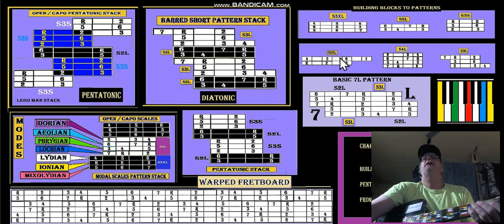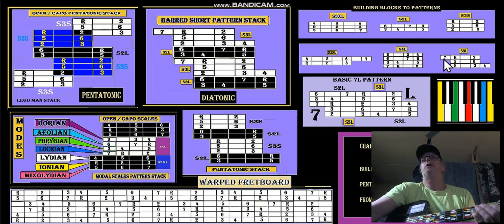Anything down here comes from what's up here. So in other words, you see this extra long pattern, it comes from this one. You see this one here, this stack of 4 long, actually that comes from this one, the top of this and the bottom of the S3L.